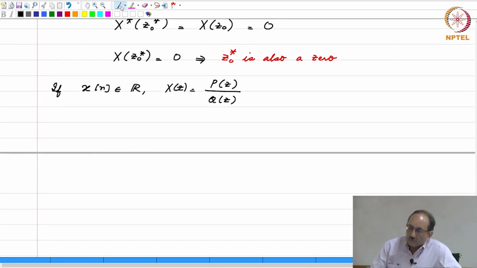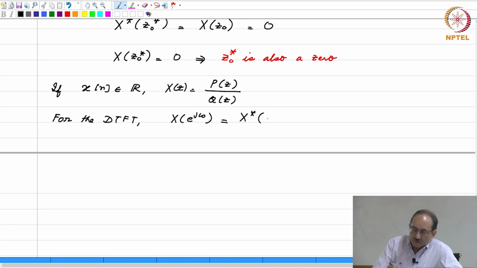And for the DTFT, the corresponding property is x of e to the j omega is the same as x star of e to the minus j omega, and x of e to the j omega in general is a complex quantity as a function of omega.